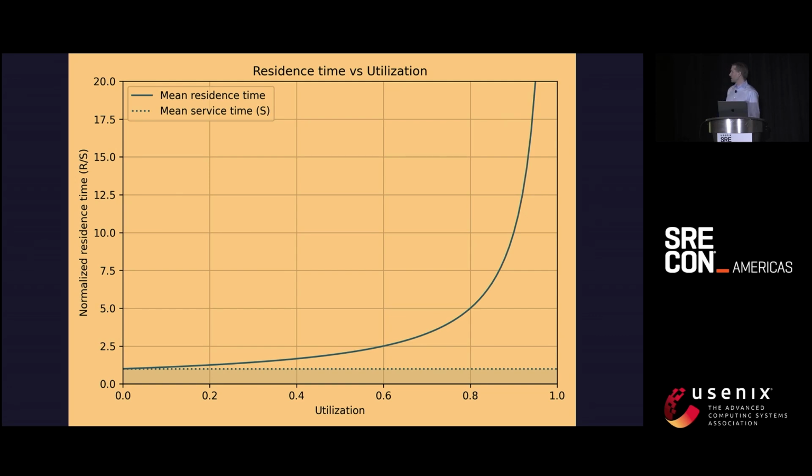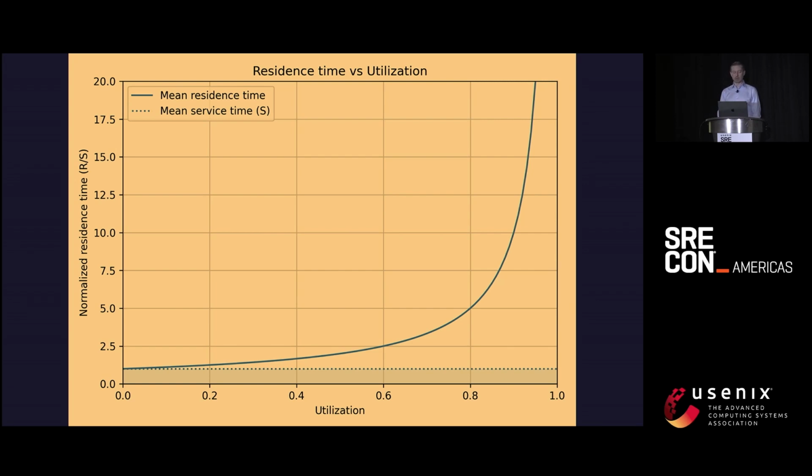And this is the basic model for a single server process. And the y-axis here I've got as multiples of the service time. So no point putting actual units up here. So that shaded area at the bottom is the service time. You can see at 0 utilization, you expect that the time a task will stay in the process is the service time.